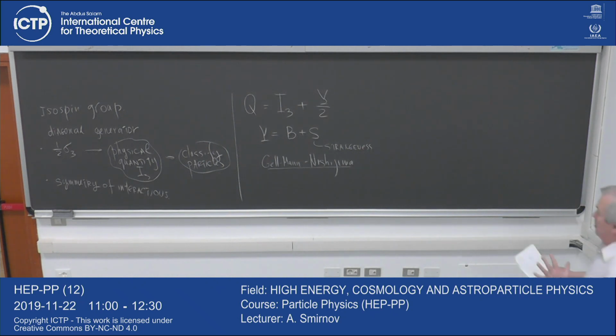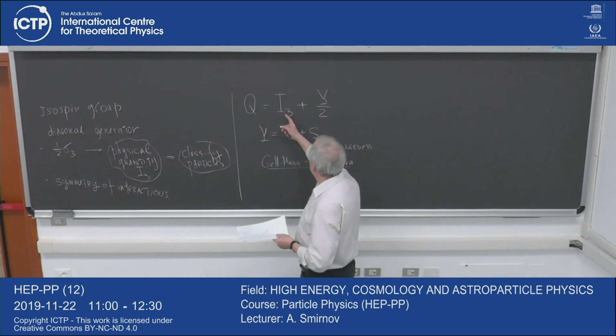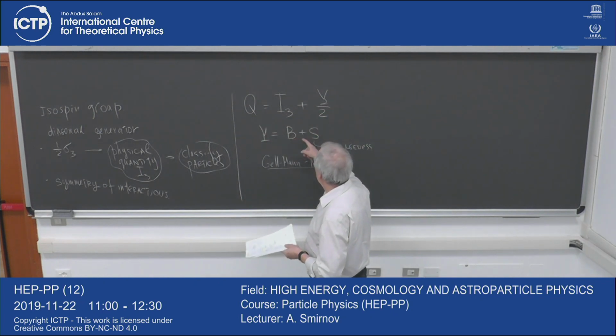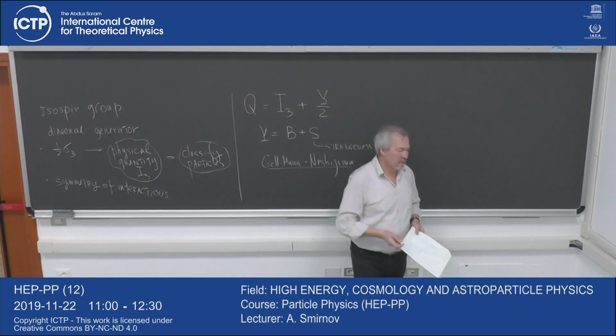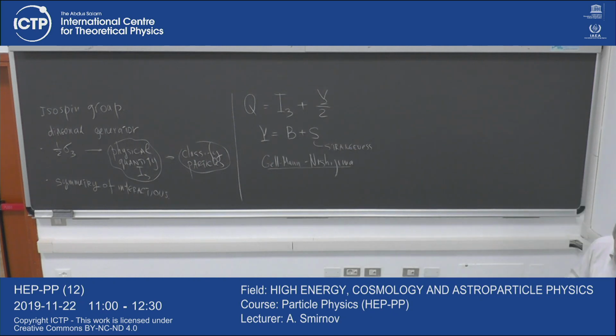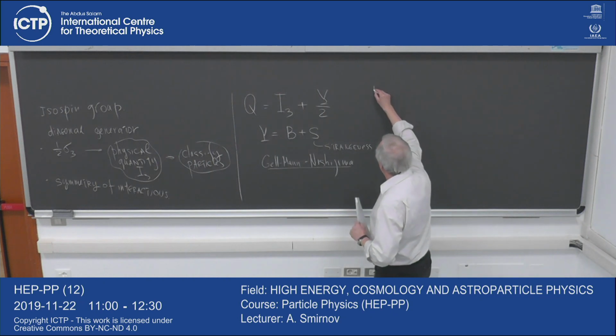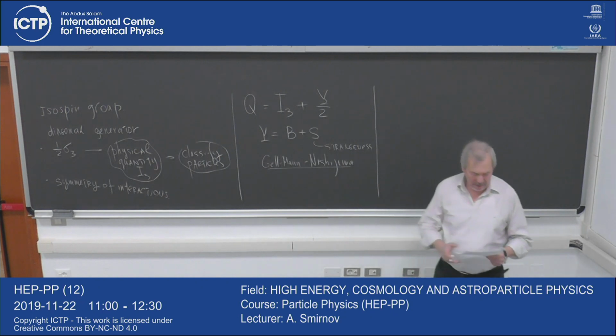This is a very general formula which allows you to connect electric charges, isospin and hypercharge, or baryon number and strangeness, of pions, proton, neutron, and also strange particles like K-mesons. The concept of quarks appeared, as I said, from the classification of hadrons.